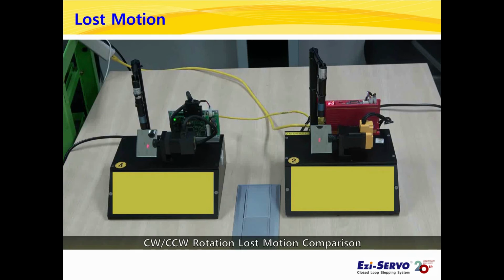I will show you a demonstration video with the same demonstration you just saw. The difference from position accuracy we saw earlier is that the motor rotates alternately in the CW and CCW directions by 360 degrees. That is, in the case of lost motion, the direction has to be changed.